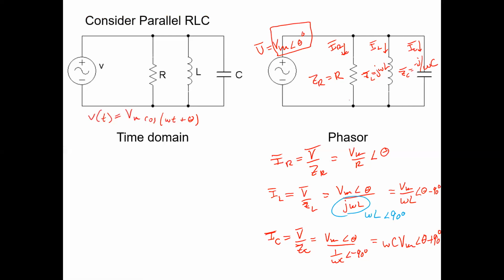And what that says in the phasor domain is, you've got your imaginary axis and your real axis.